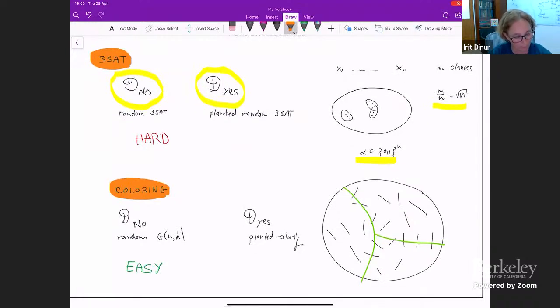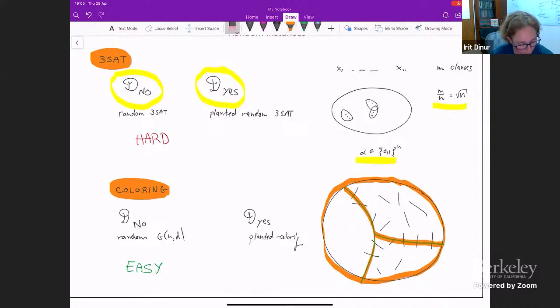You select a random graph. These black edges you see here are the random edges. And then you select a random partition, this is the green lines. And then after you select this random partition, you make sure to delete all the edges inside each part, and you only leave the edges that cross between the parts.